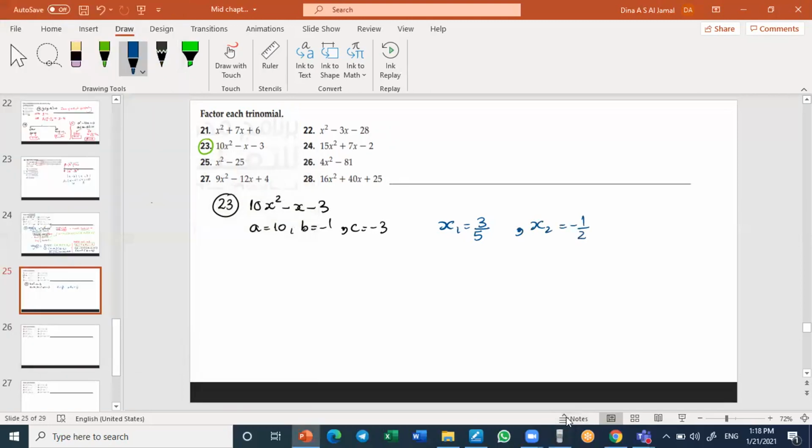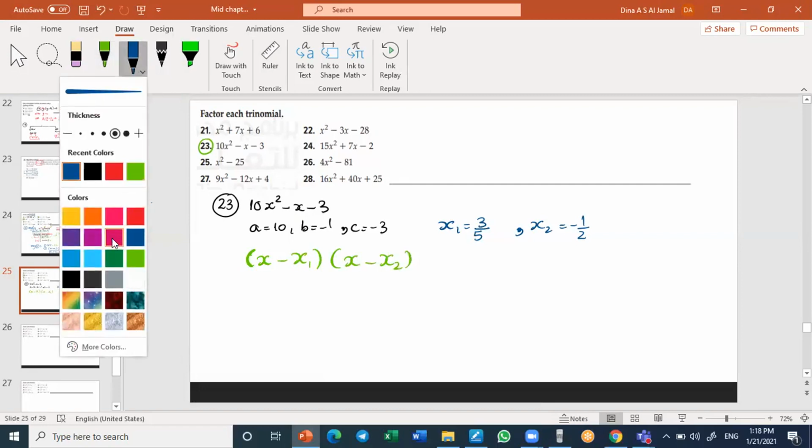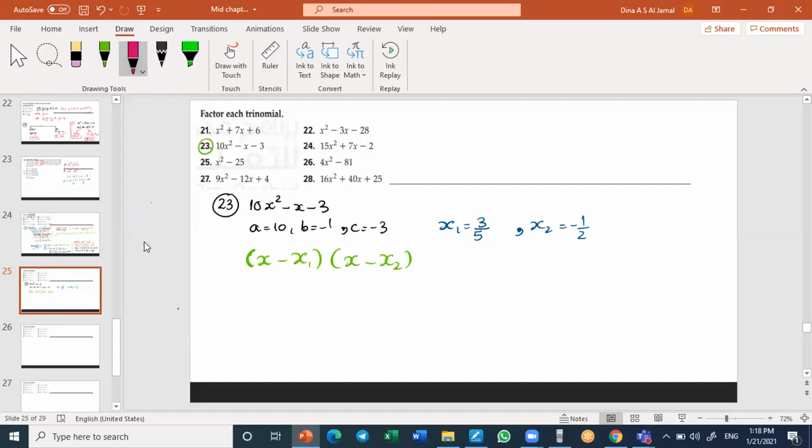Good. Now, let's put the rule. x minus x1, x minus x2. And pay attention to this. Whenever I'm having minus and here plus, I will keep it as it is, x minus 3 over 5. But here I'm having minus, so it will be turned to positive. Good.